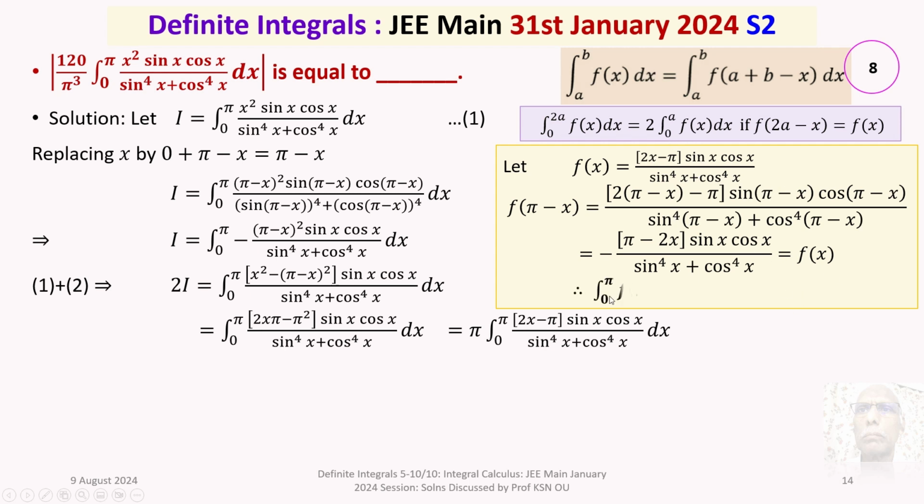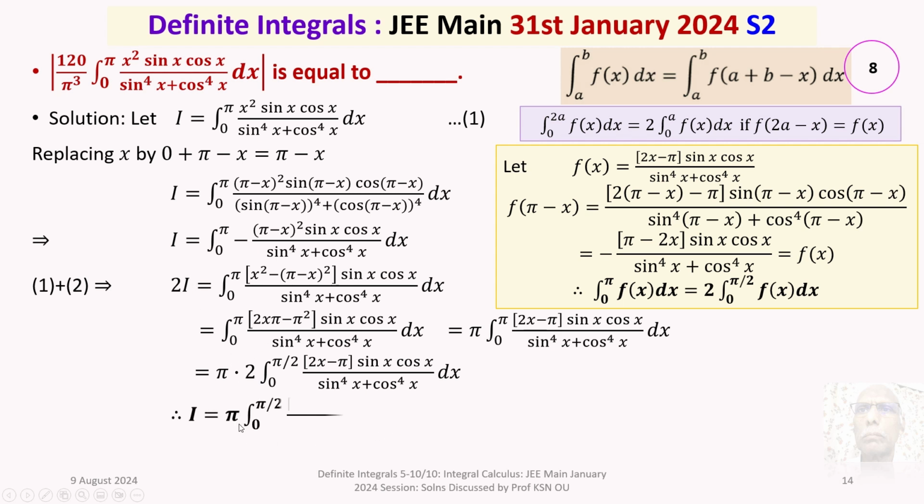Then the integral 0 to pi of f of x, applying this, will be 2 times integral 0 to pi by 2 of f of x. Then 2I is equal to pi into 2 times the integral. So 2 cancels. You will get I is equal to pi times integral 0 to pi by 2 of 2x minus pi into sin x cos x by sin to the power of 4x plus cos to the power of 4x dx. Let's call this as 3.